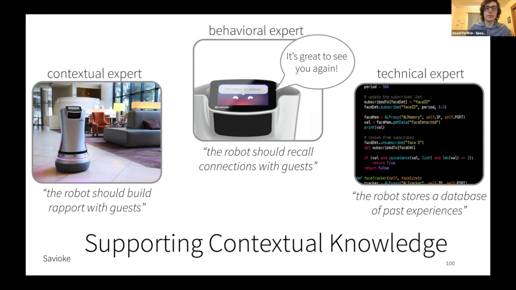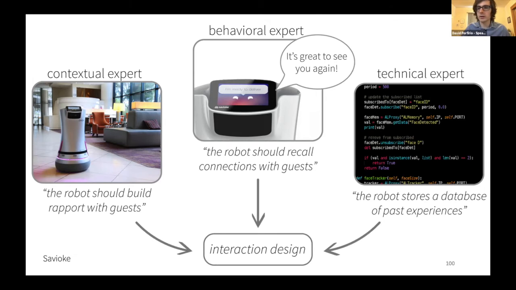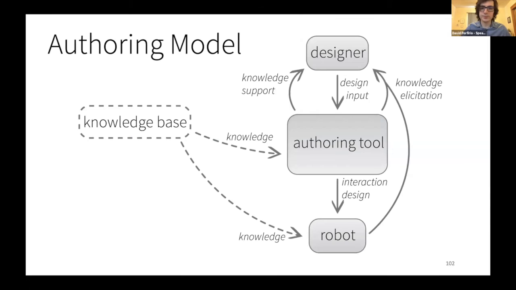Contextual experts can combine their knowledge with that of robot behavioral experts and technical experts, such that an interaction design can be created by leveraging all of their input.